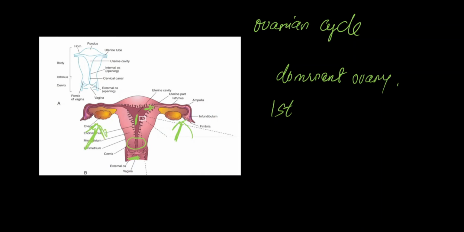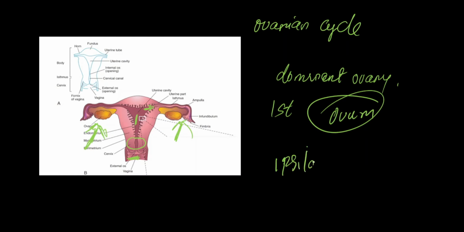So we have the dominant ovary, the dominant follicle, and by extension, the dominant uterine tube or the dominant fallopian tube. The dominant fallopian tube is where the ovum would be after it has been released. So, after ovulation, the dominant fallopian tube is ipsilateral to the dominant ovary. Ipsilateral is simply a fancy term for on the same side.